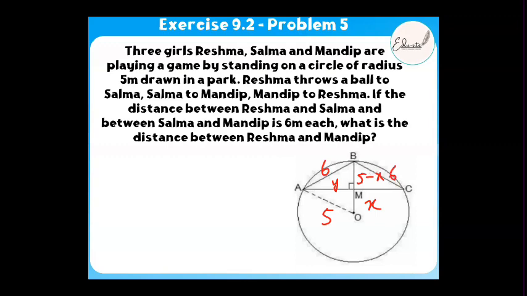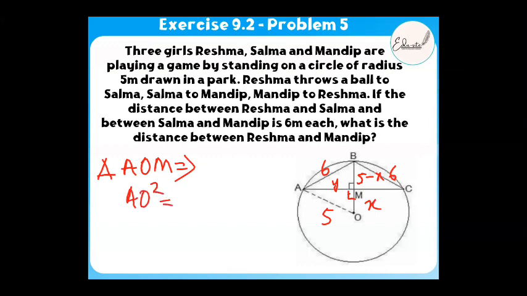Now let's just consider triangle AOM. Ab triangle AOM mein, can we not apply the Pythagoras theorem? It's a right angle, right? What is the Pythagoras theorem? Hypotenuse square is equal to other side squares.